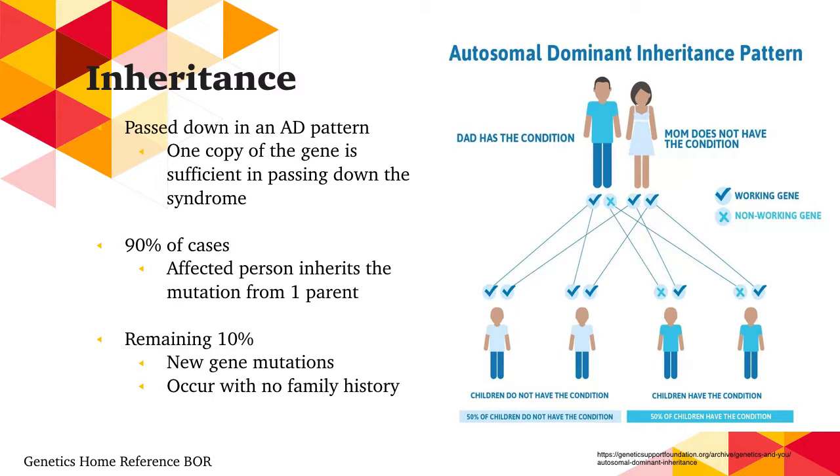The remaining 10% are new gene mutations that are still being studied, and that occurs when there is no familial history. The case that I'll be presenting on later will be on a person who has inherited that mutation, since that is the most common.